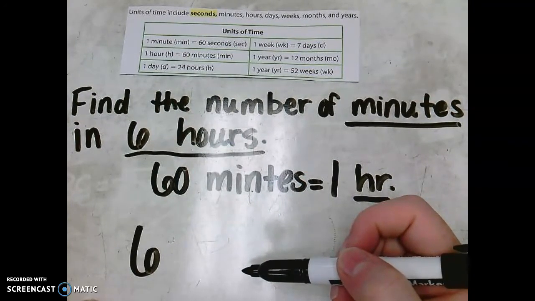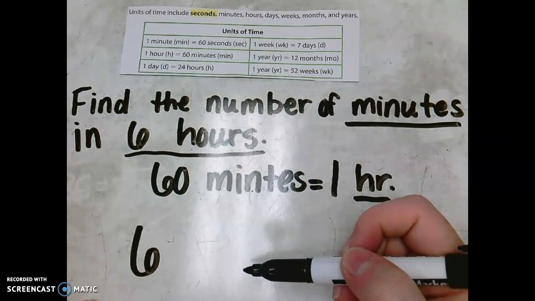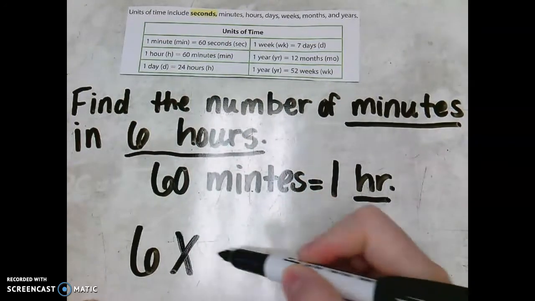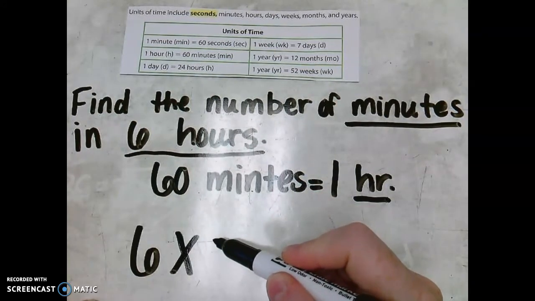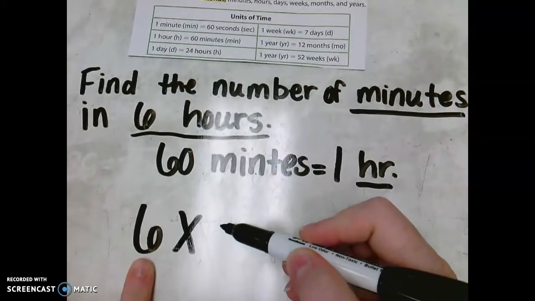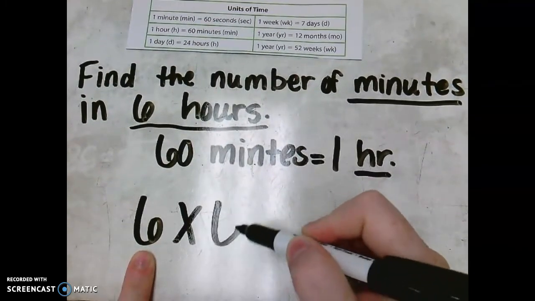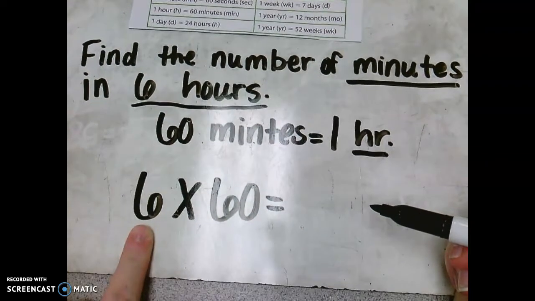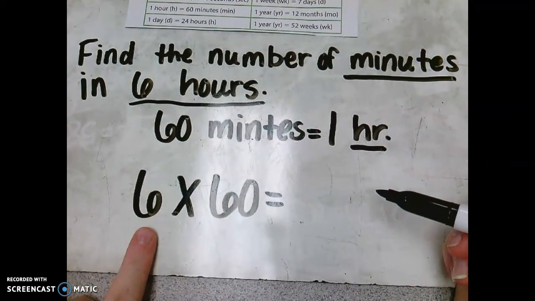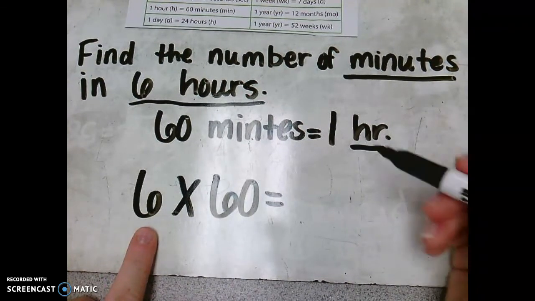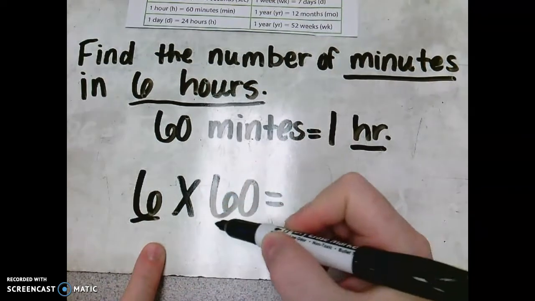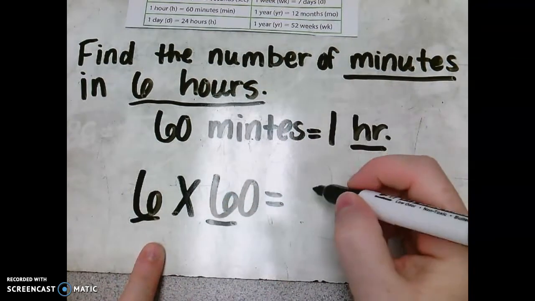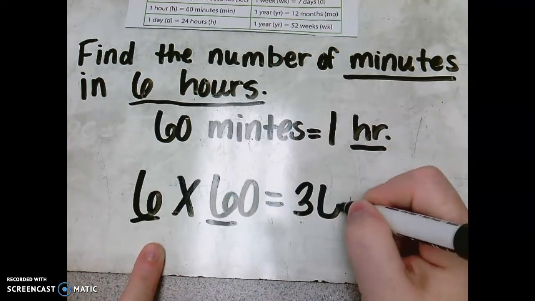Yeah, we could add 60 minutes 6 times, or a faster and easier way is we can multiply 6 hours by 60 minutes. If you don't know what 6 times 60 is, let's break it down a little bit. 6 times 6 is what? Great job, 36.